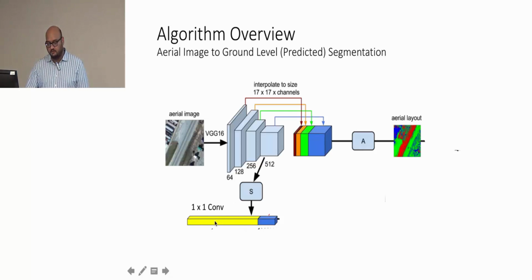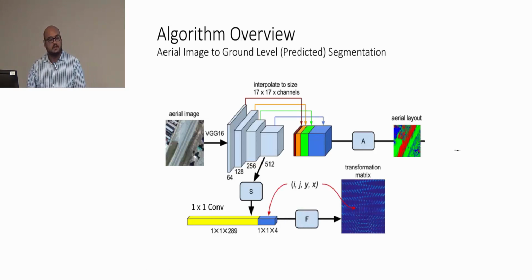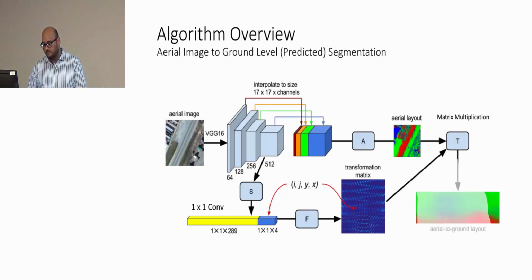We reshape it in the form of 1 by 1 by 289, and this is the input for our network F, which is another convolution network. The output we get from this is a transformation matrix. This is the transformation matrix which will be applied to the aerial layout, and we'll get the corresponding ground level layout, which is predicted.